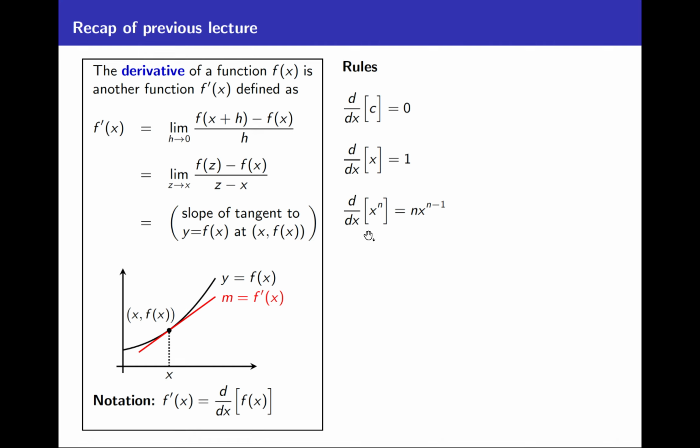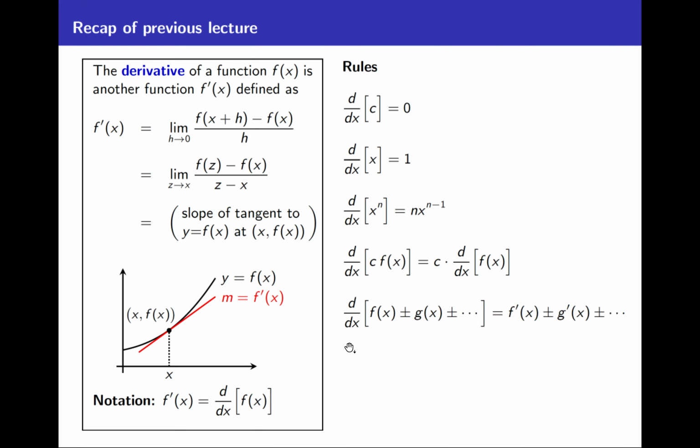The power rule states that the derivative of x to the power of n is n times x to the power of n minus 1. The constant multiple rule says that the derivative of a constant c times f of x is c times the derivative of f of x.